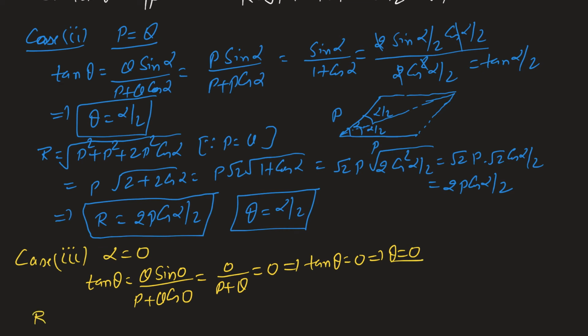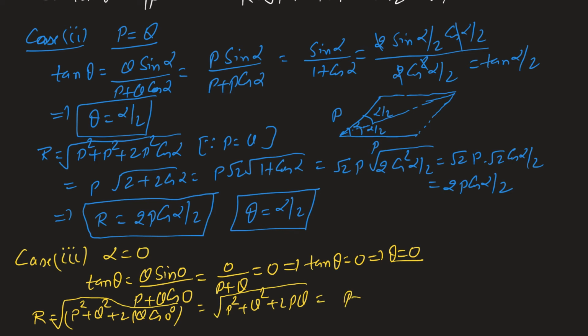And what will be the magnitude? P square plus Q square plus 2PQ cos 0. Fine. And the square root, this will be P square plus Q square plus 2PQ, cos 0 is 1.